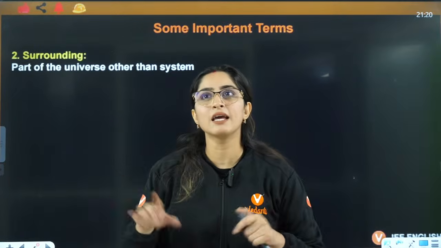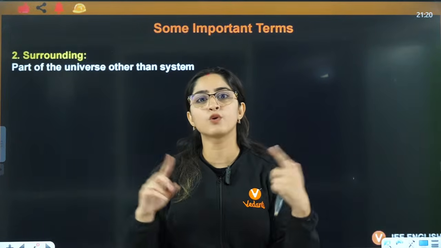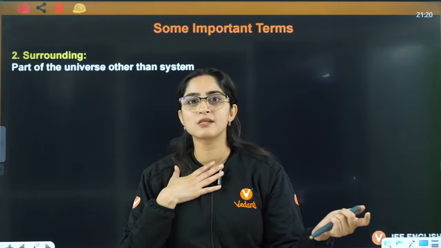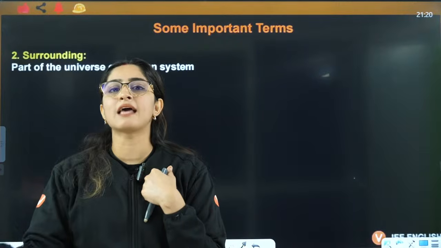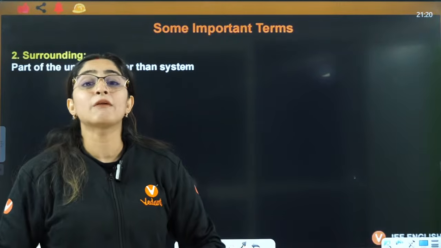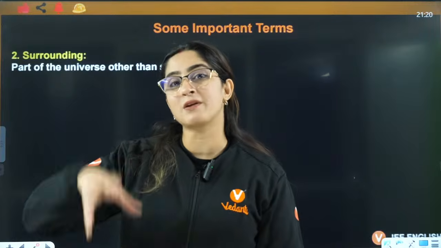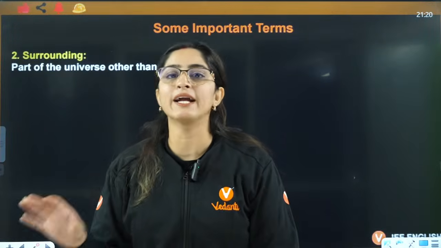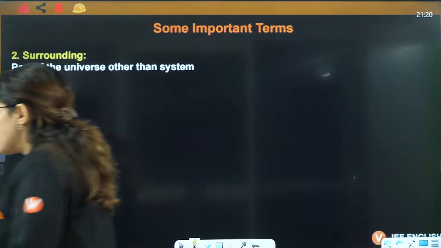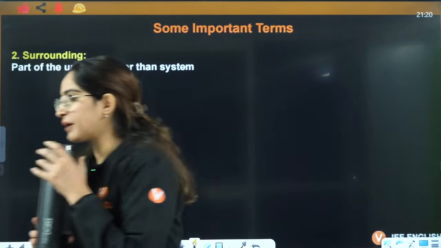If I say this is the universe and I am the system, then except for me, everything that is there will be the surrounding. That means in a universe, if you subtract the system, everything else left behind is the surrounding. For example, I am focusing on this particular bottle.